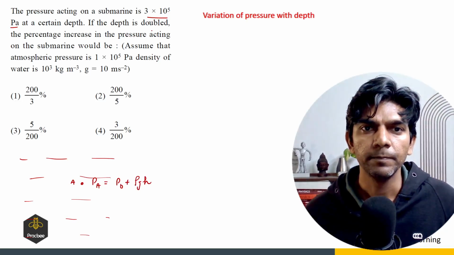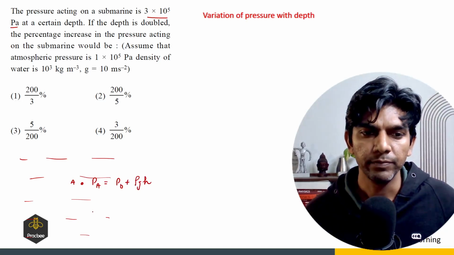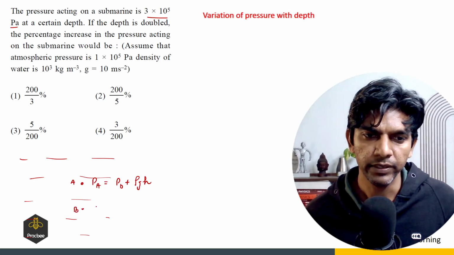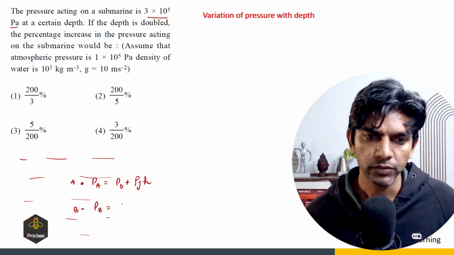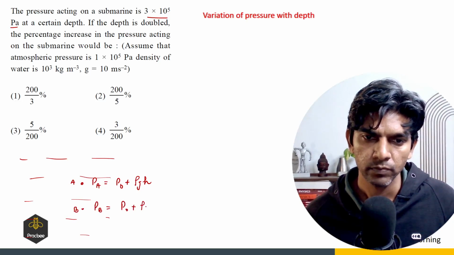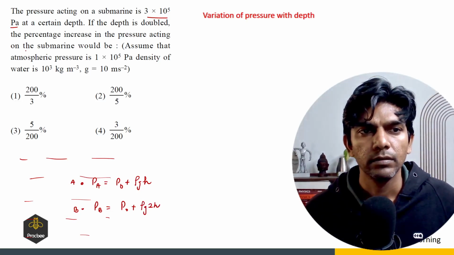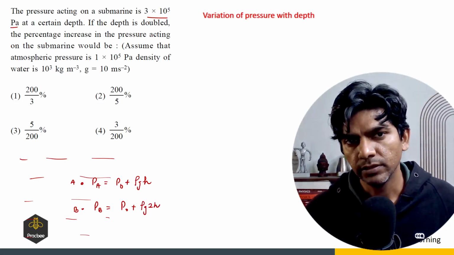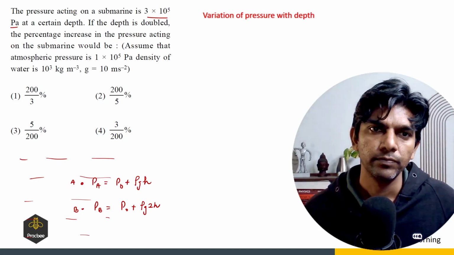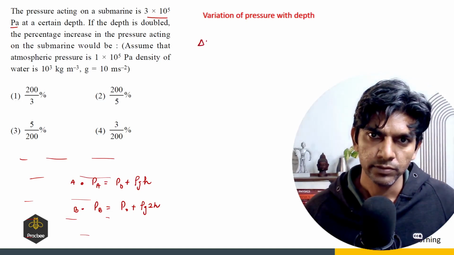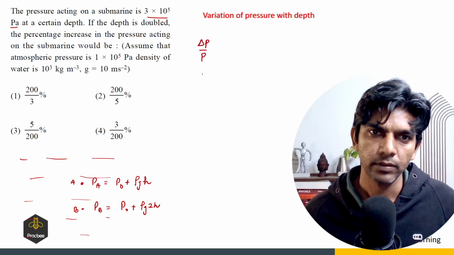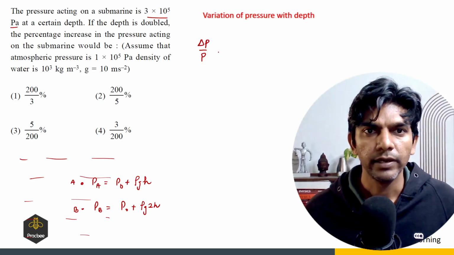And when the depth is doubled, at B, pressure will be P naught plus rho g 2h. And we have to find the percentage increase in the pressure, so delta P upon P, that is what we have to calculate.